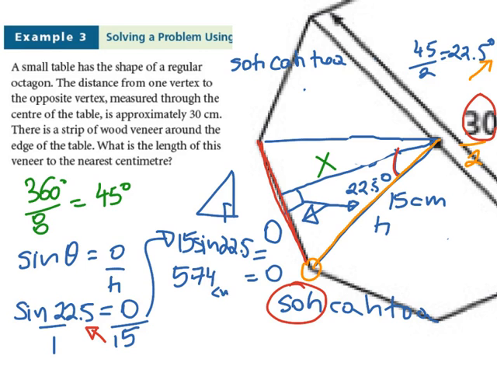So we basically said, okay, this is 5.74. This red part. How many of these red parts go all the way around the octagon? Well, in this triangle, there are 2. So we're going to multiply this by 2.